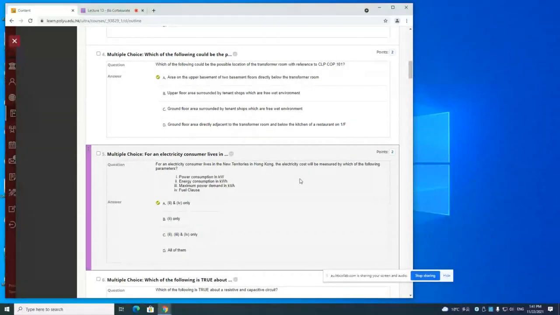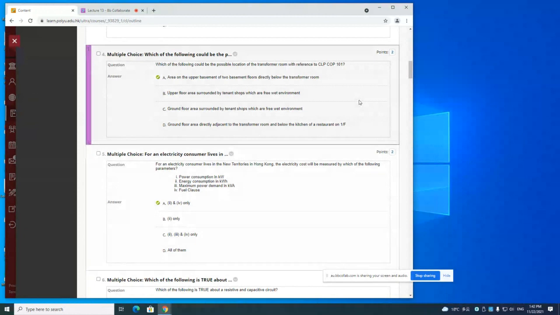Okay, so basically, if you look at the other choices, okay, they are not considered as good choices. For example, for the area with wet environment, so this is certainly should be avoided. Okay, so we don't want to see any water leakage in the transformer. Okay, so that should be avoided. Okay, so the answer is A.